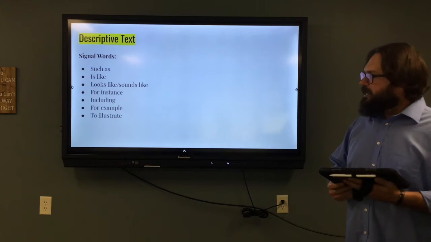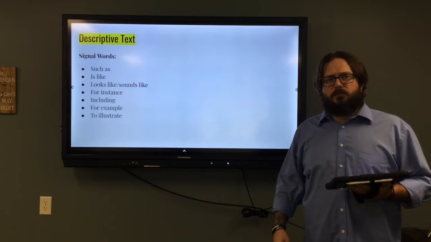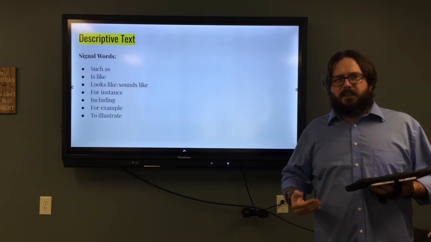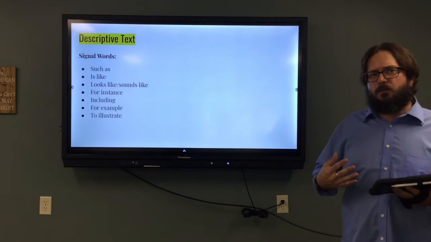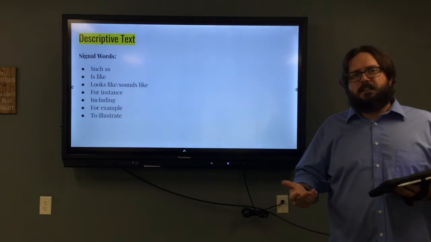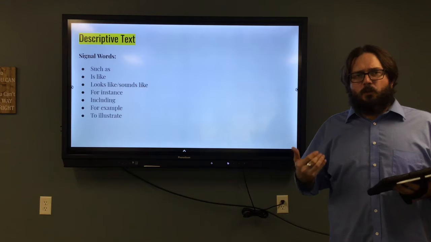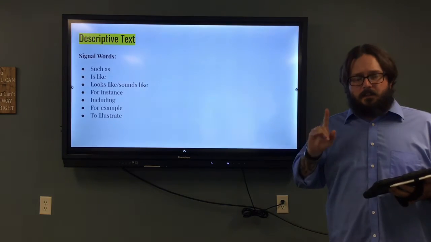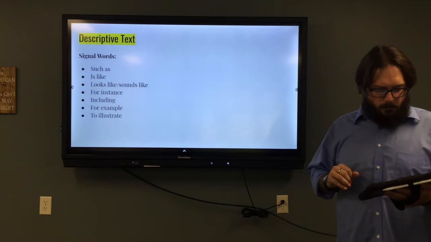When reading a descriptive text, it is important to look for specific signal words. These are going to be clue words that will appear in the text, and you can use those to quickly identify that the author is writing a description here.